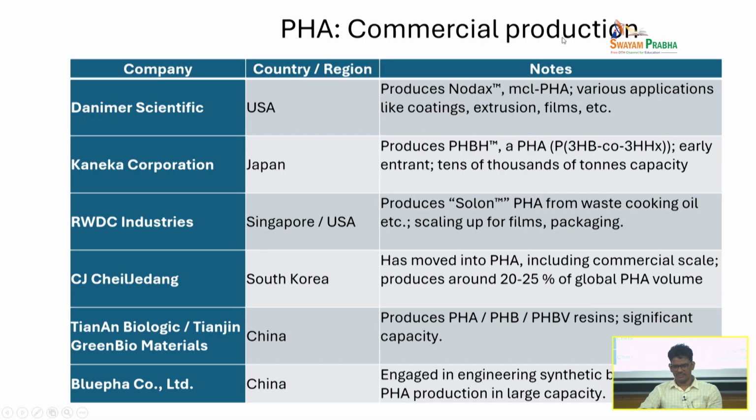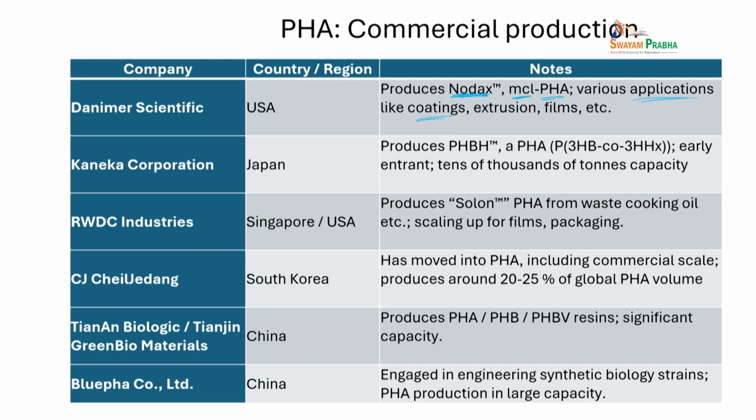So here is a list of companies that are producing. There's one company called Danimer Scientific, US based, and they produce PHA under the product code Nodax. It is MCL, medium chain length PHA, and they use this for various applications like coatings, extrusions, and films.